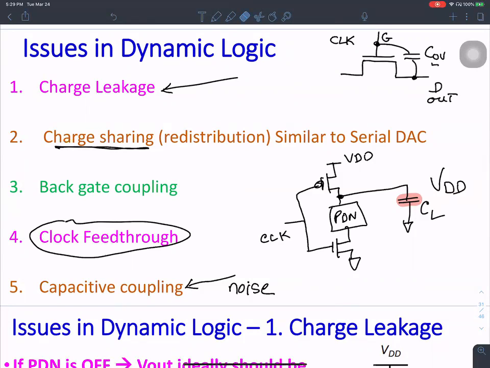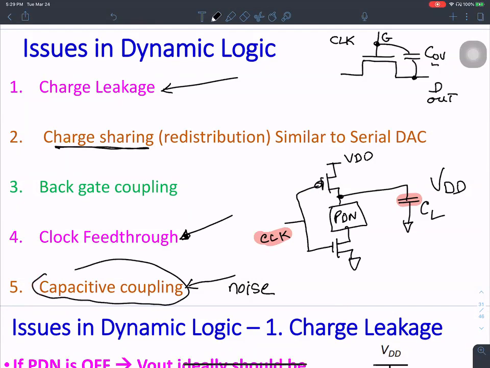That's the idea of clock feed through. And that's exactly the same problem showing up here as well, on this PMOS transistor. The clock is going to feed from the gate to the output. So some of these problems we already know. We know the clock feed through problem from the pass transistor logic.